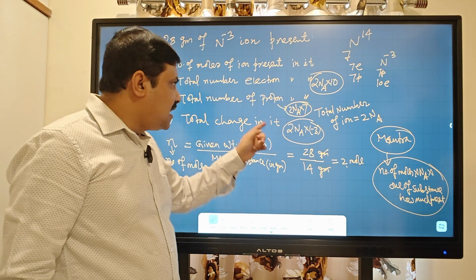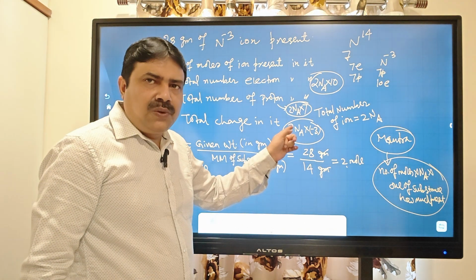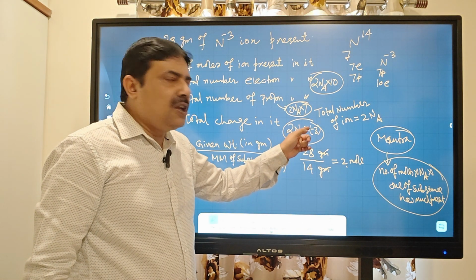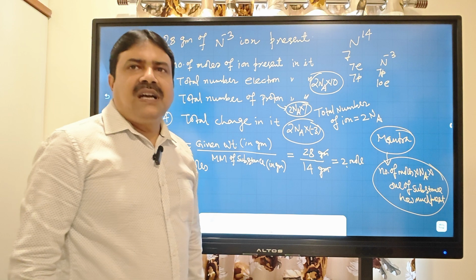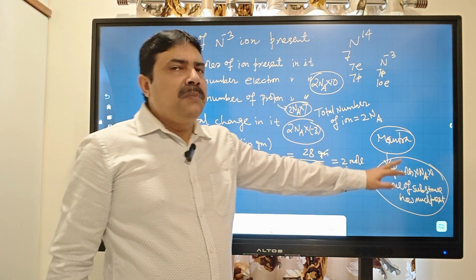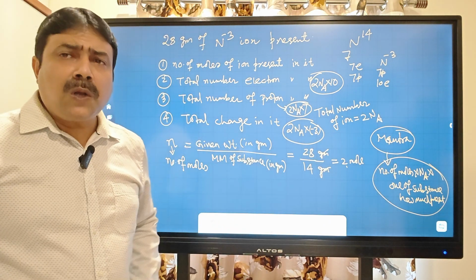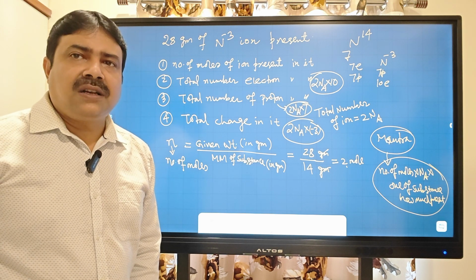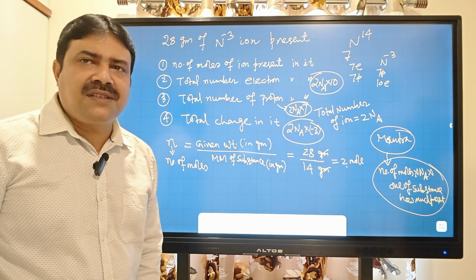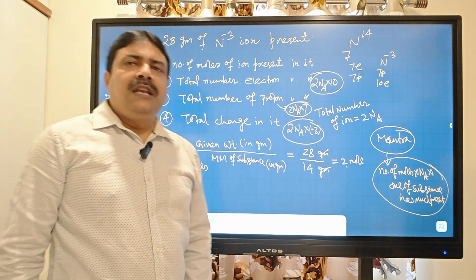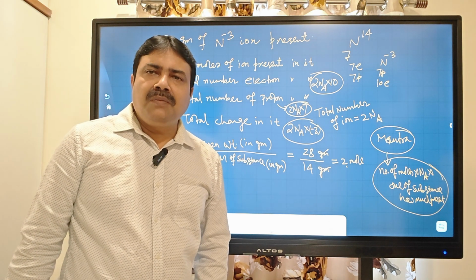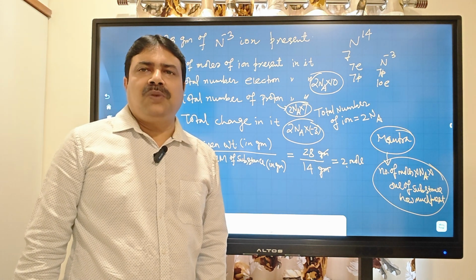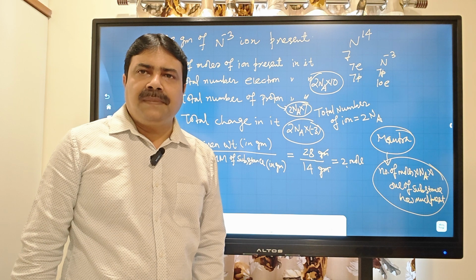Same way, total charge: number of moles into Avogadro number Na into -3. So I am giving you this mantra: if you forget all the concepts, whenever they ask for total electrons, total protons, or total charge, always apply number of moles into Avogadro number into how many are present in one of the substance. Is it clear to everyone?